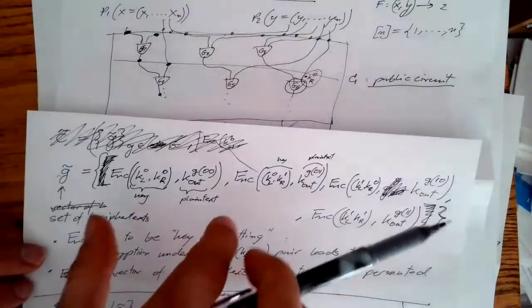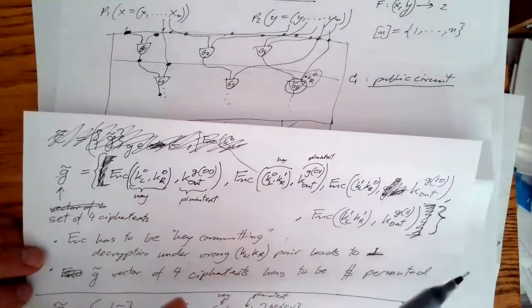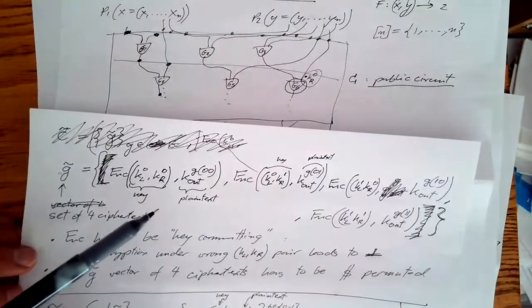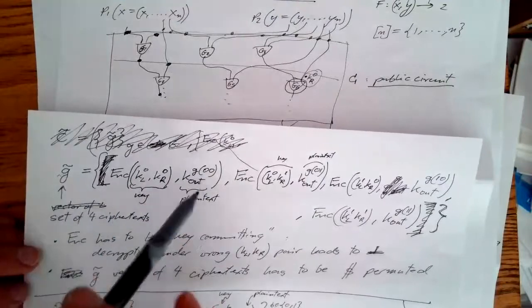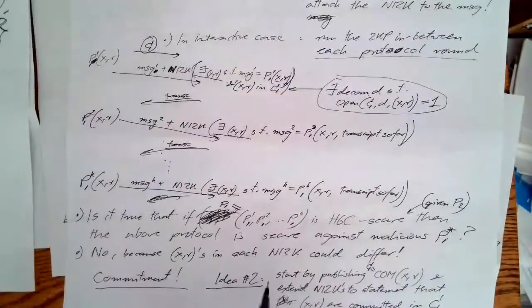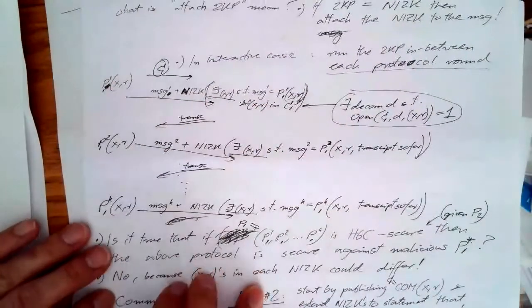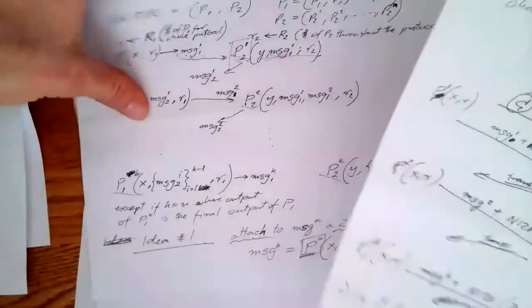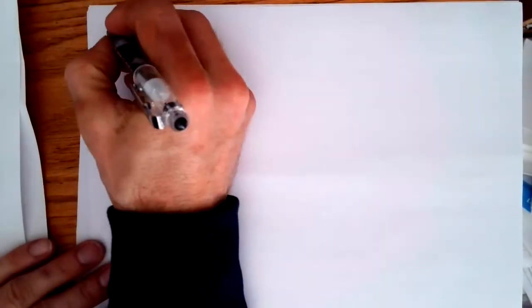Now, of course, for this particular construction, we can do some adjustments to make sure that this compiler actually is secure. In other words, what we need is, okay, and this is the last thing.